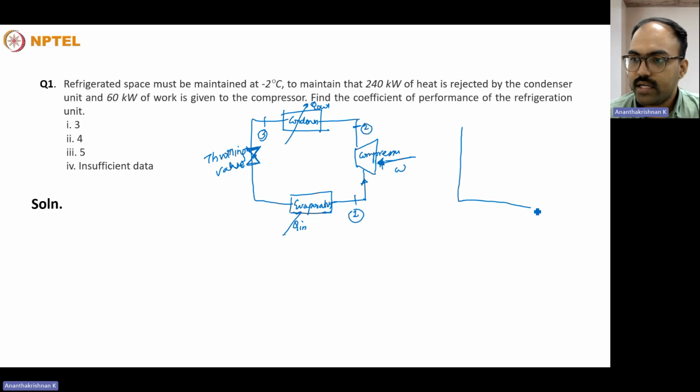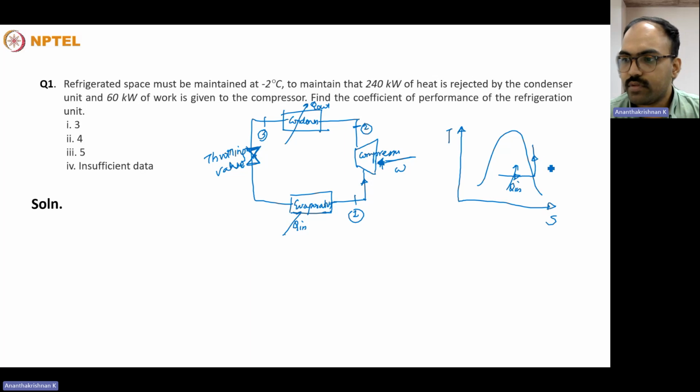If we are to denote that, we have to demonstrate it on a T-S curve. There will be a vapor dome, and the refrigerant will undergo phase change and become vapor, and then there will be a compression. For the time being, we can take it to be an isentropic compression. Forget about the irreversibilities in the process.